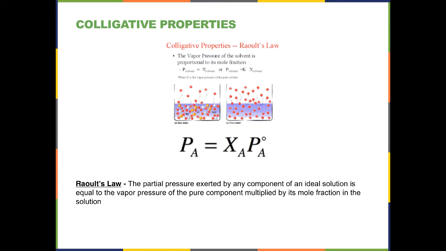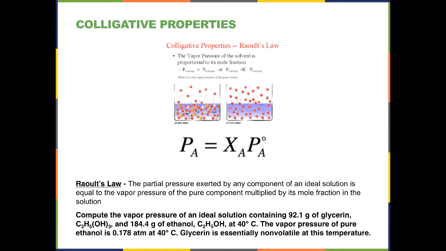So let's take a look at a problem that uses this law. This law is actually quite easy to use. If we read this, it says compute the vapor pressure of an ideal solution containing 92.1 grams of glycerin, and the formula is given there.